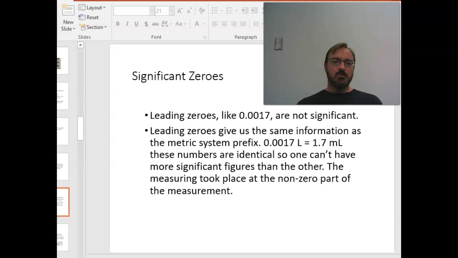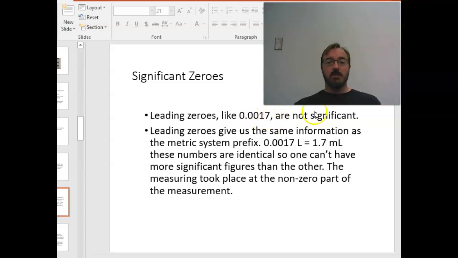So here are the rules for the other types of zeros, leading or trailing zeros. If I have a leading zero, whether I have a decimal or not, that is not significant. Leading means to the left of the first non-zero digit. So this number right here has two significant digits.